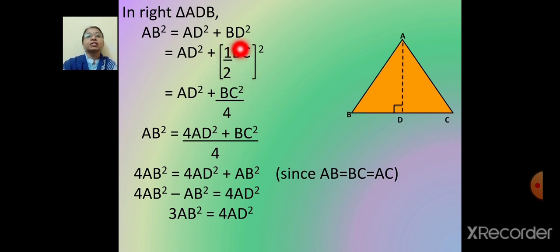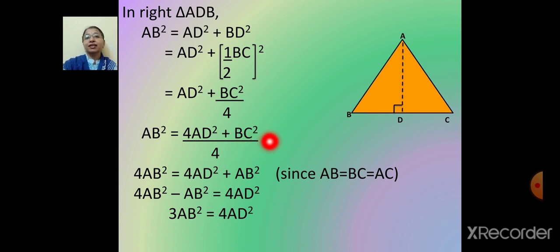So plus BD, you replace BC divided by 2 the whole square. Now open this bracket. So AD square plus BC square upon 4. So AB square is equal to, take LCM. LCM is 4. Now cross multiply. So 4 times AD square plus BC square.